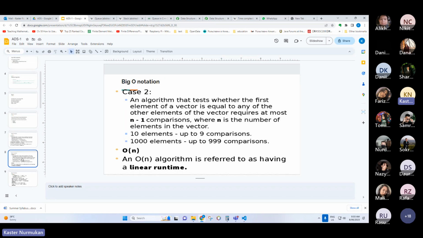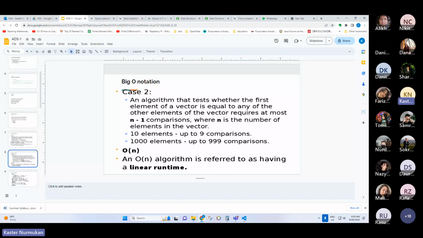If the size of the vector is n, then in order to compare each of the elements, you will spend n minus 1 comparisons. That's the reason: you're trying to compare all of the elements, so of course they will spend linear time. I mean, the size of the vector minus one times will be spent for this operation.